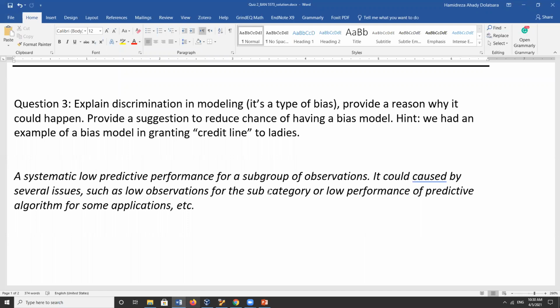It could be caused by several issues, such as low observations for the subcategory. As I said, when you don't have enough data, don't drop observations. Maybe for female applicants, they dropped so much data that they don't have enough data to train well.